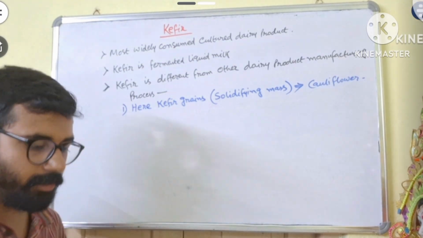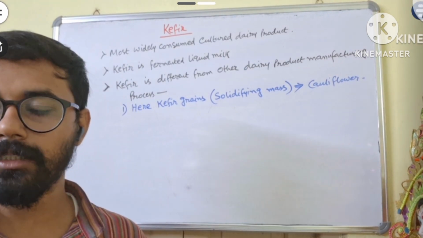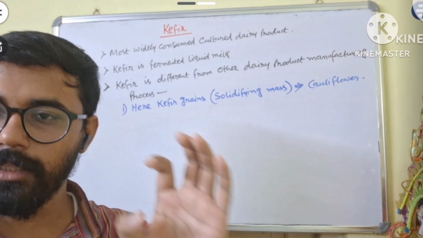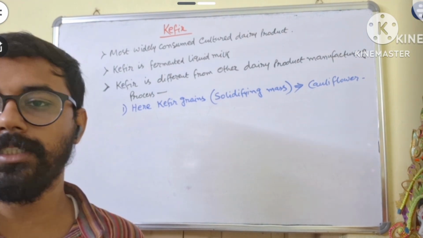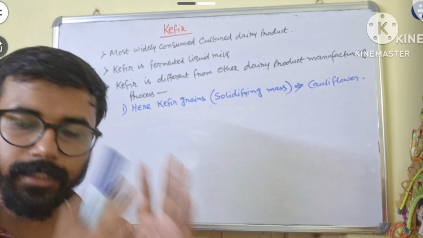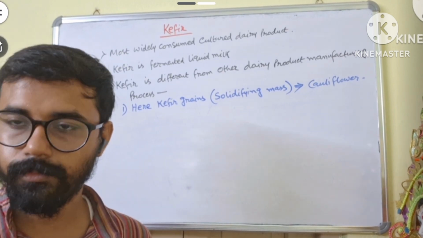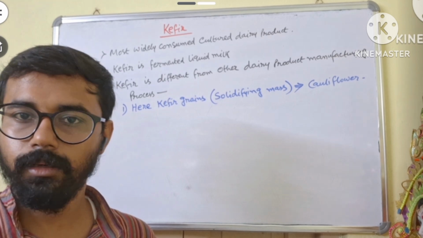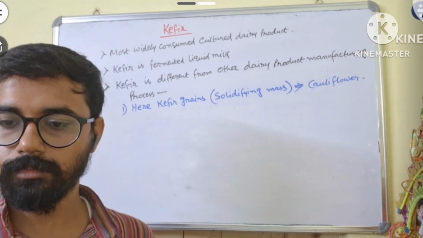Here the starter culture is actually a solidifying mass. But in the previous case, all the starter cultures remain in the liquid, yes or no? But in the kefir manufacturing step, the starter culture itself is a solidifying mass, and this mass contains millions of bacteria and other microbes. Clear? And it's shaped like a cauliflower.